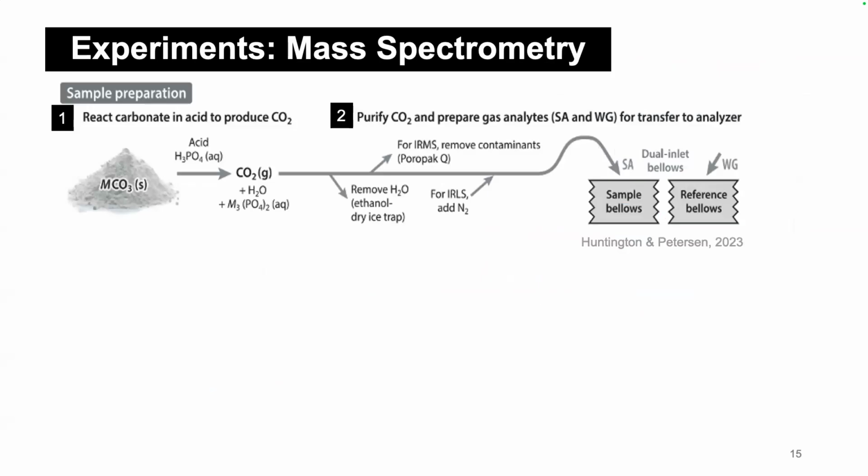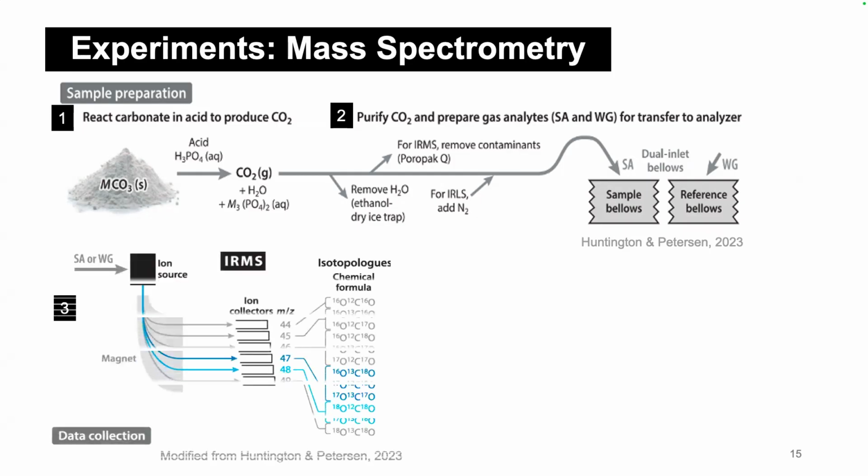The analysis begins with digesting the powdered carbonate samples in phosphoric acid, releasing CO2 gas. This gas is purified using cryogenic traps and gas chromatography to remove contaminants before being analyzed via isotope ratio mass spectrometry, IRMS.